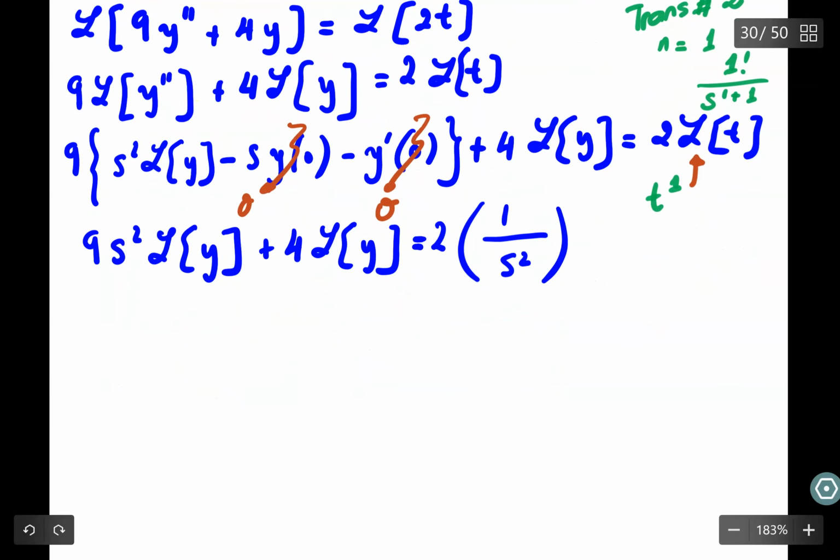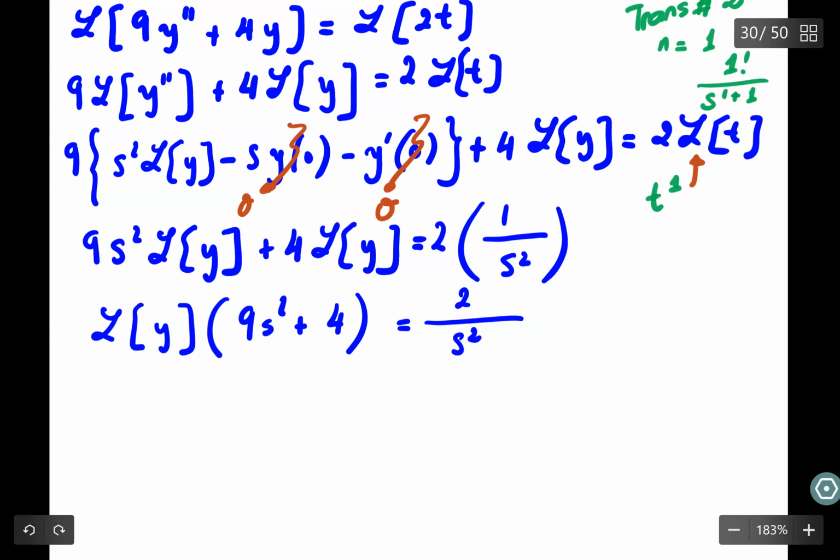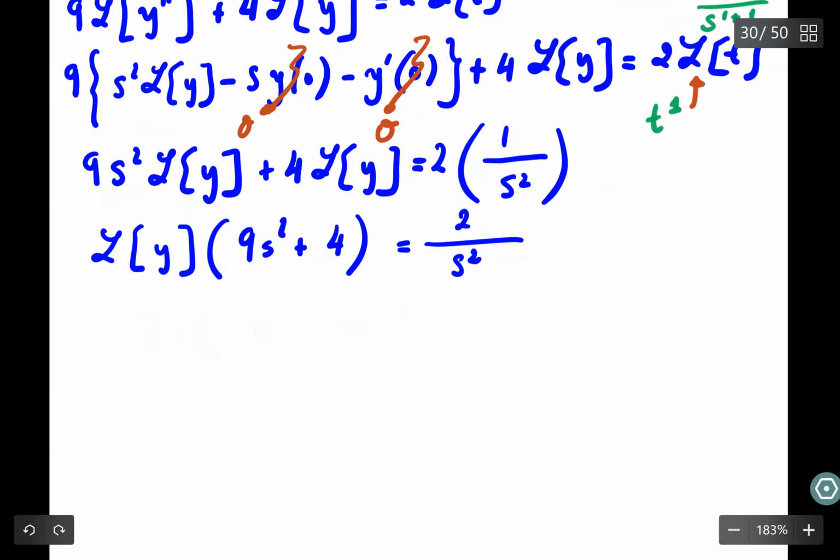The next step is to factor out Laplace of y. So factoring out Laplace of y, I am left with 9s squared plus 4 inside the bracket. On the other side, I would like to write 2 over s squared. Now again, I will isolate Laplace of y.